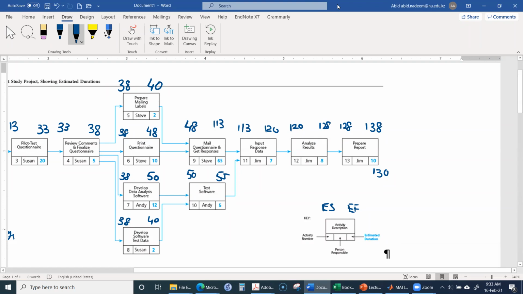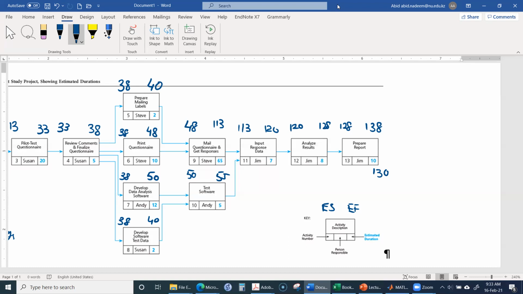Suppose I am the customer, I am the client. I say to you that no, this 138 days is unacceptable. I want the project to be completed in 130 days. So in that situation, I will need to revise my schedule and consider the 130 days as the latest time which is imposed.